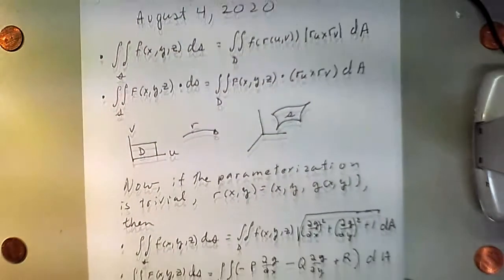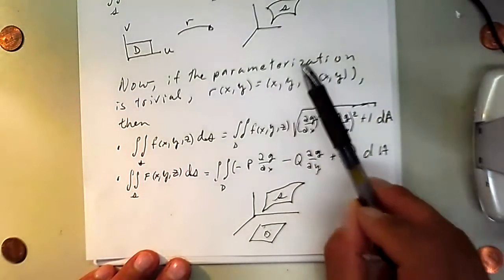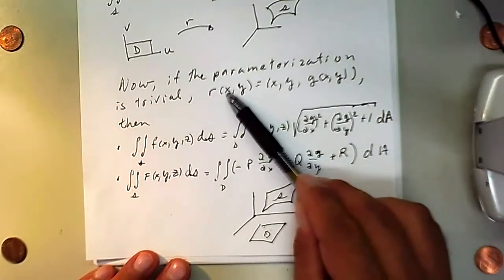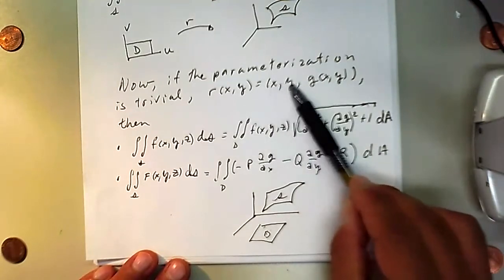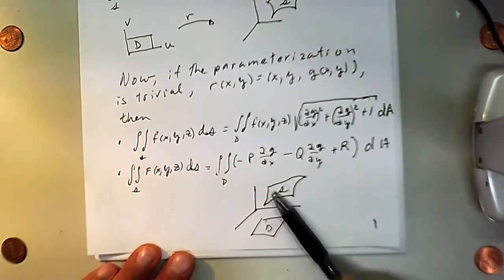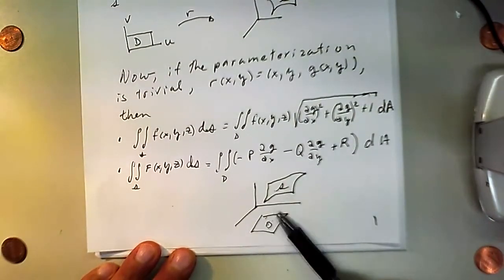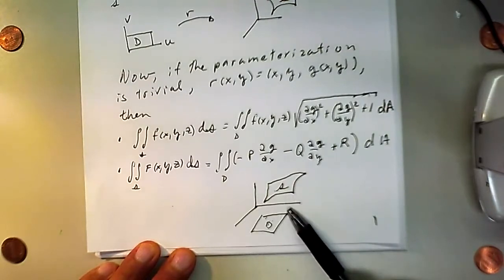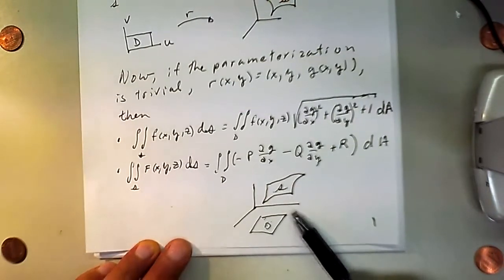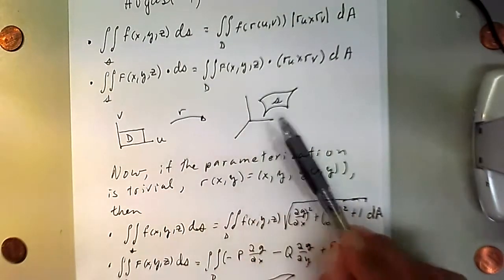Now, if we have a trivial parameterization, that means that instead of using U and V, we're just going to use X and Y, and then we're going to have a function G that represents the altitude, the height. So D and S are in the same three-dimensional space, as opposed to being in two different ones.